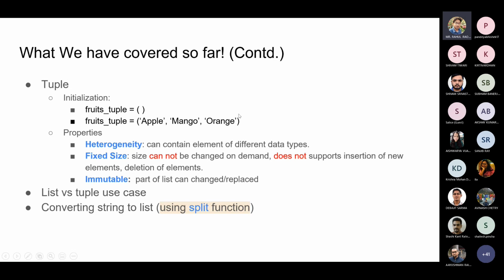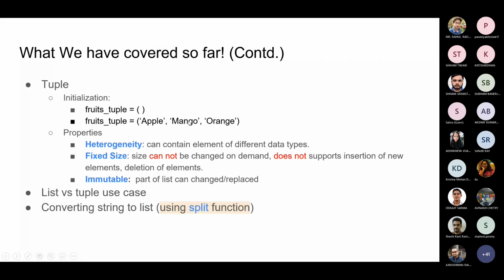The key difference of tuple properties with respect to list properties is that tuples are of fixed size. Once you define a tuple, its size cannot be changed on demand; it doesn't support insertion or deletion of elements. Heterogeneity: like a list, it can contain elements of different data types. One part of a tuple might be an integer, another part might be a string, another part might be a float.